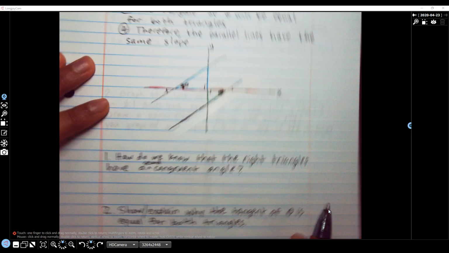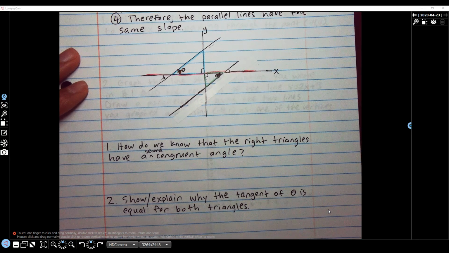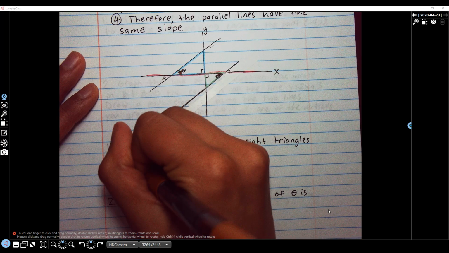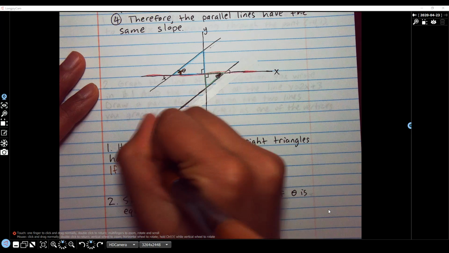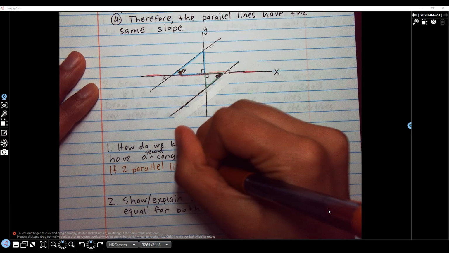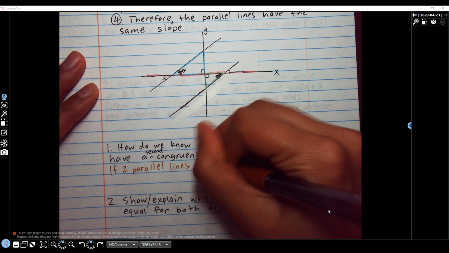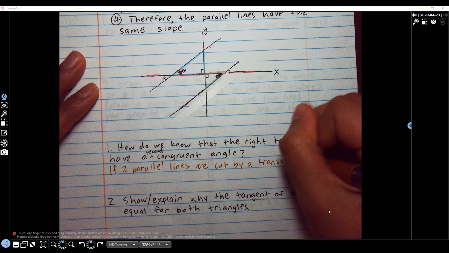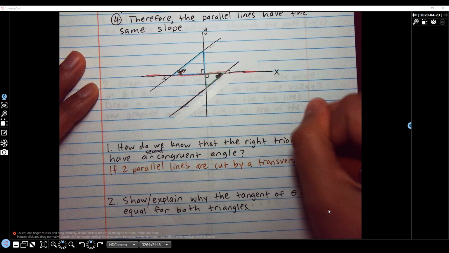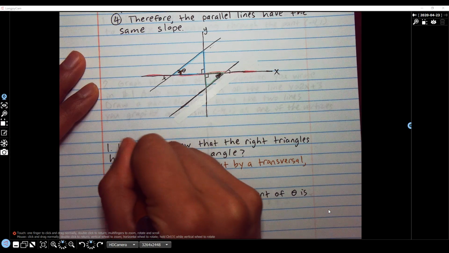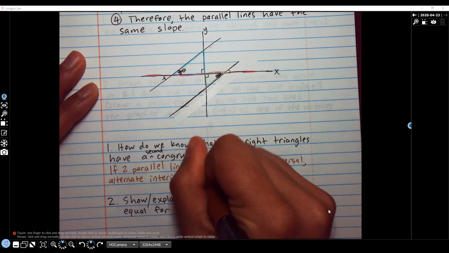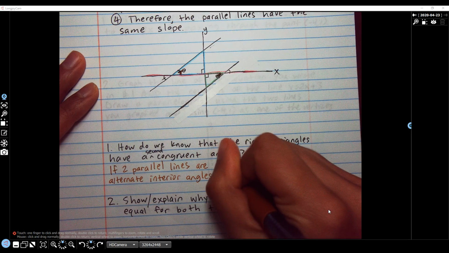So I am going to write that here just into like a fully formed sentence. So if two parallel lines are cut by a transversal, alternate interior angles are congruent.